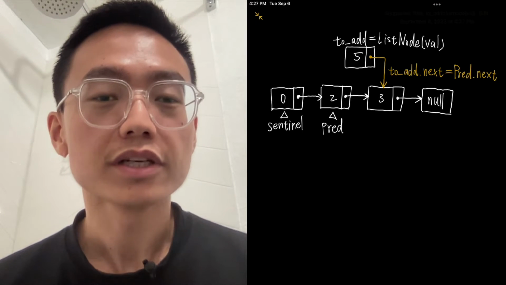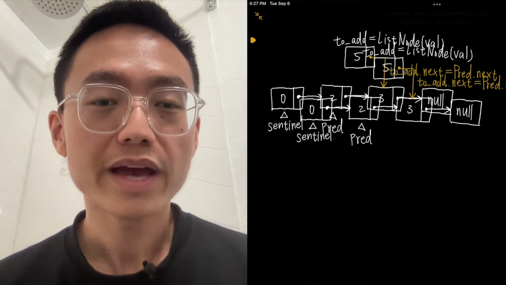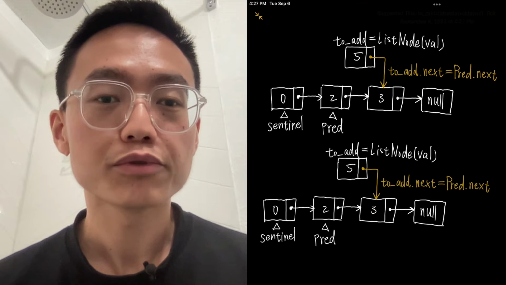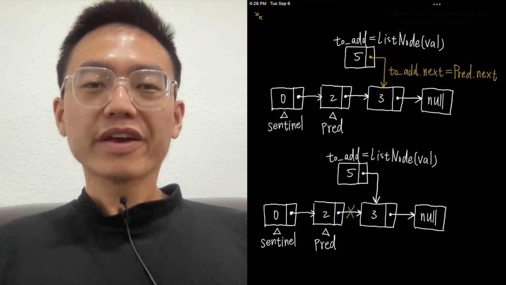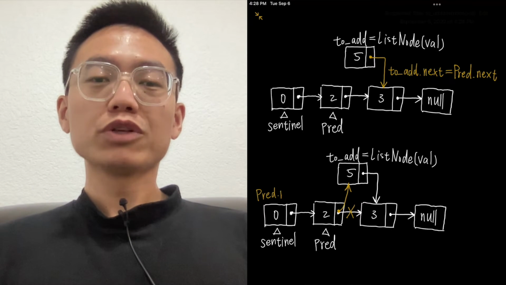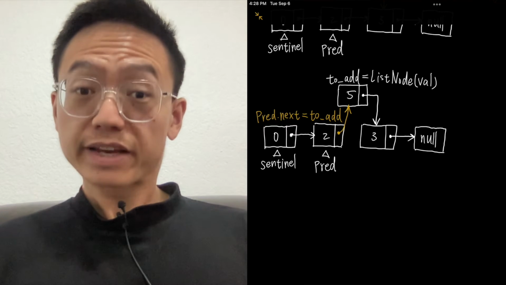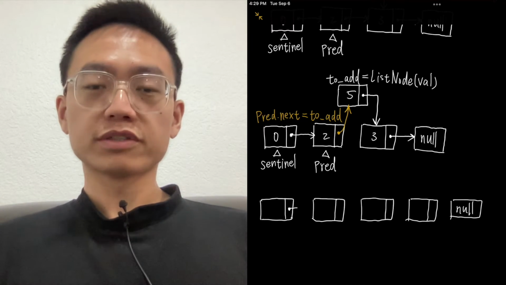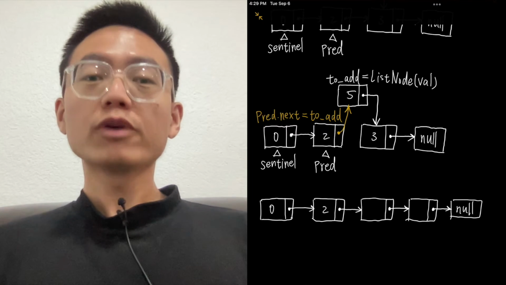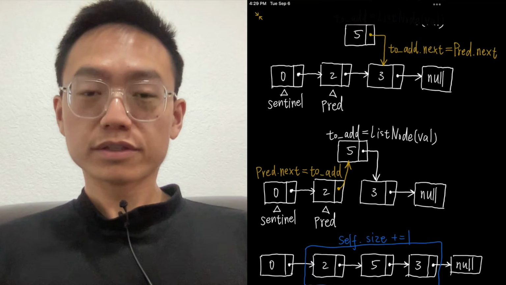To insert, the first action we need to do is link to_add with the next node of the predecessor. Then we unlink the predecessor from 3, and link the predecessor with our new node to_add. So this is our insertion at a specific index. Finally we get 0 pointing at 2, pointing at 5, pointing at 3. Then we should increment the length of the list because we just added one element.